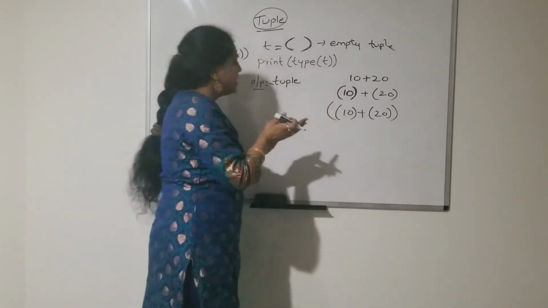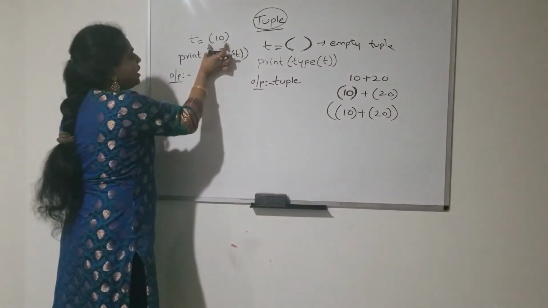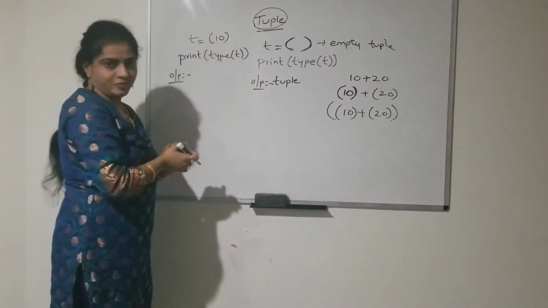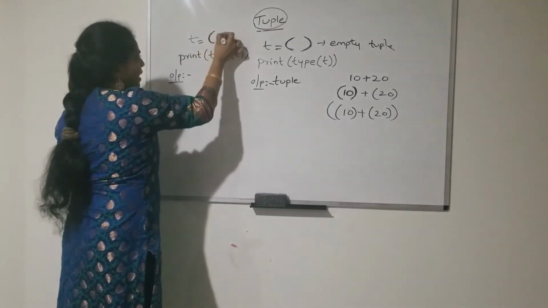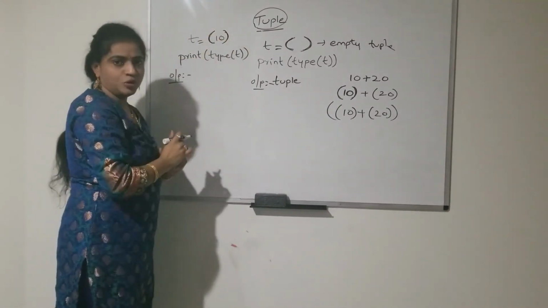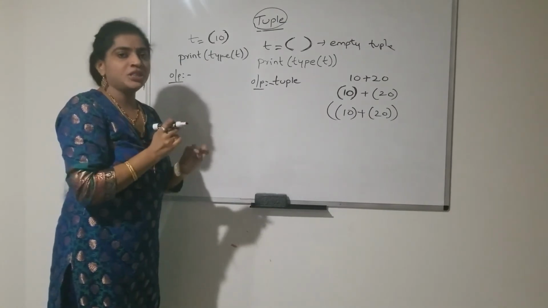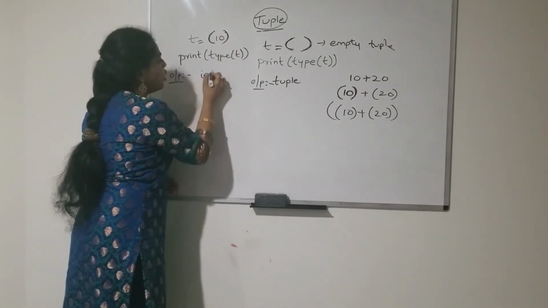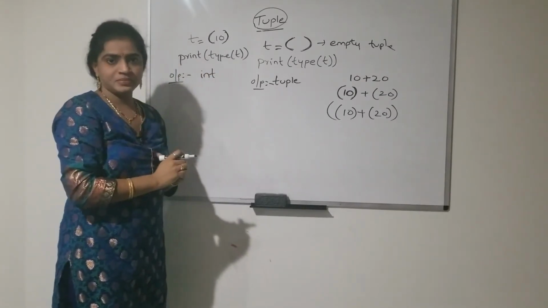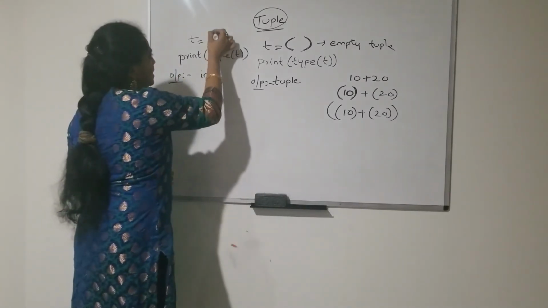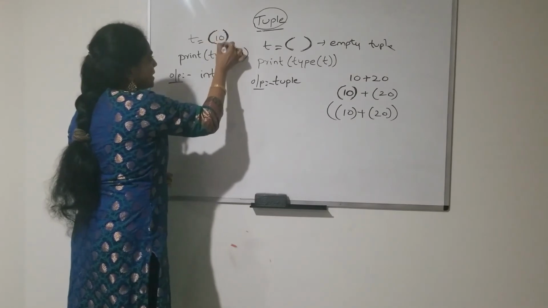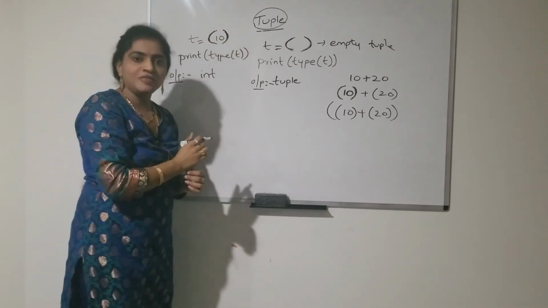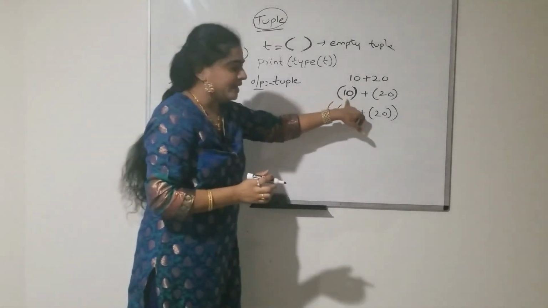So similarly here also, if you take only one element in the tuple like this, the Python virtual machine, the Python interpreter, will consider this as an integer data type, not a tuple data type, as this parenthesis is also allowed for integers in general mathematics notation.